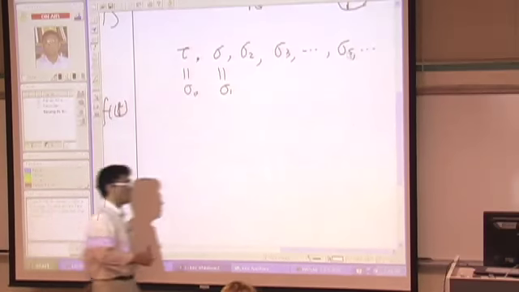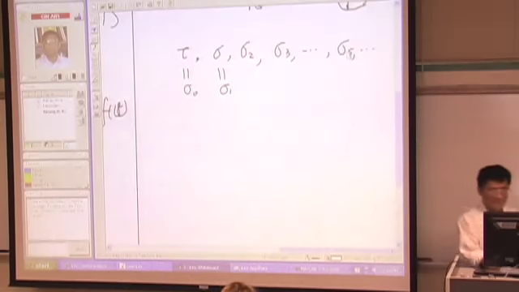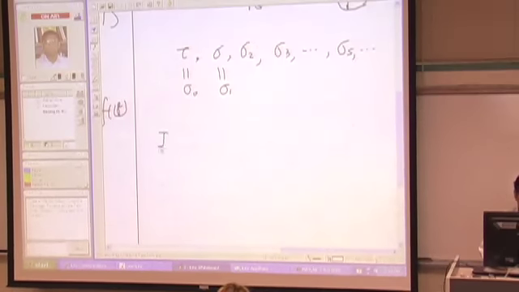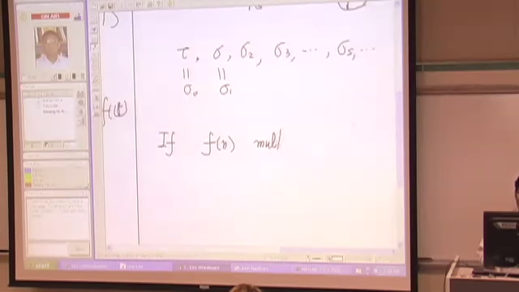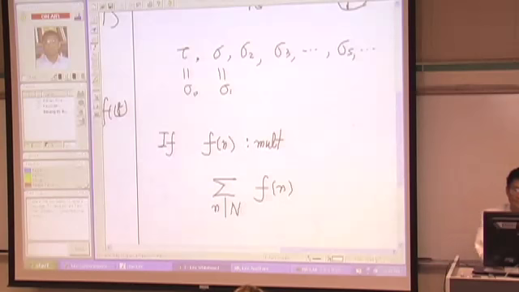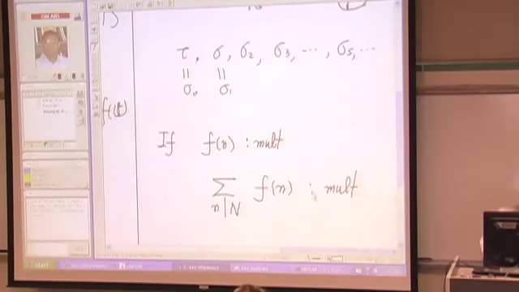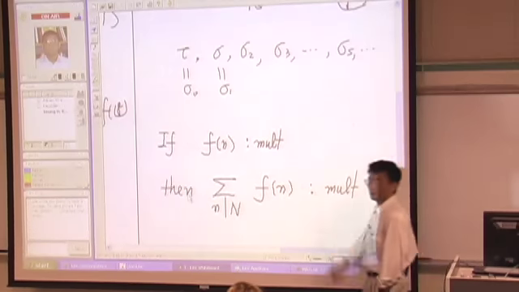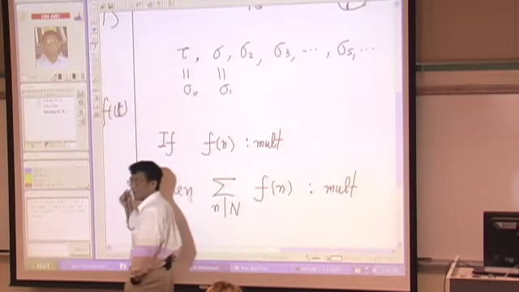Then what will I do next time? If f of n is multiplicative, then will the sum over n dividing, for instance, capital N, be multiplicative? And it is true. So I will prove this case next time.